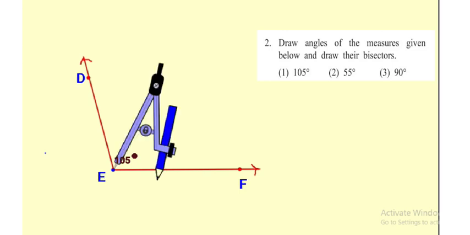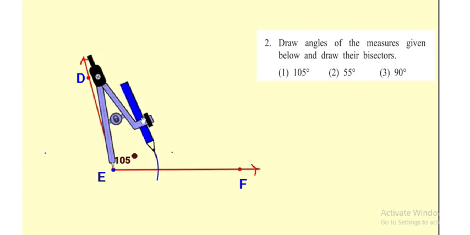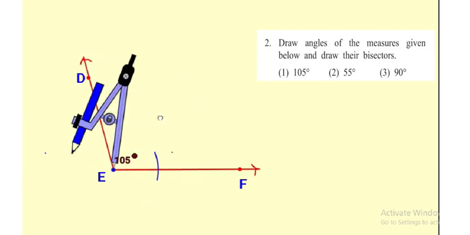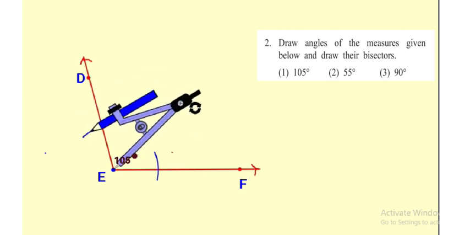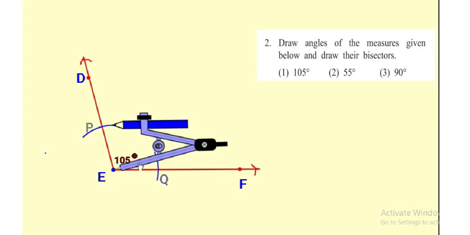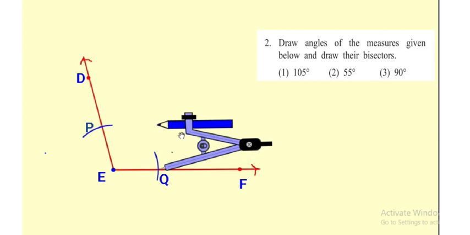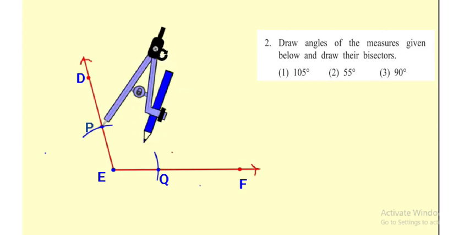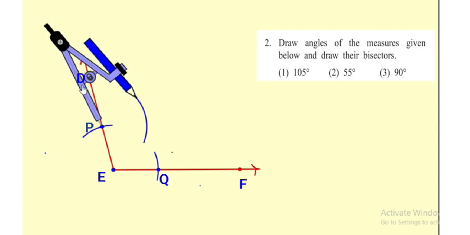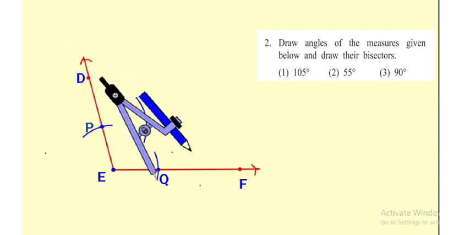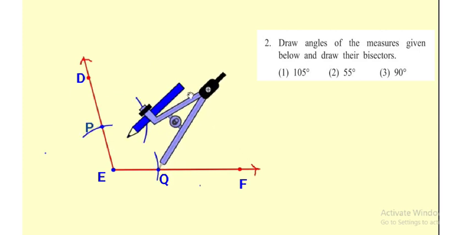Take suitable distance between the two arms of the compass and draw arcs on ray ED and ray EF. Name the points of intersection as point P and point Q. Through points P and Q, draw the arcs inside the angle DEF.